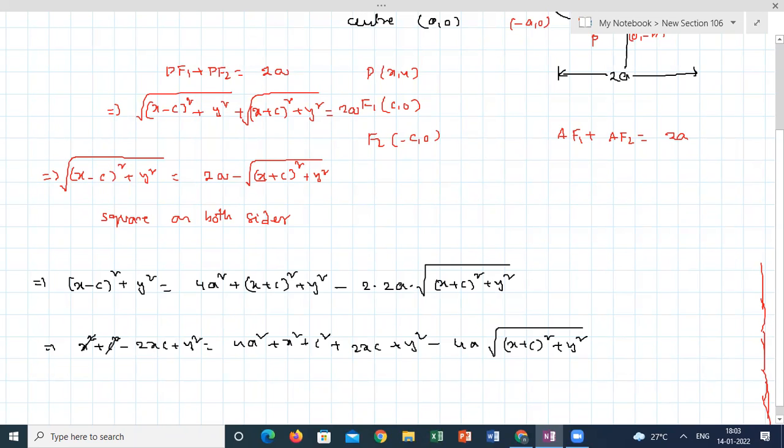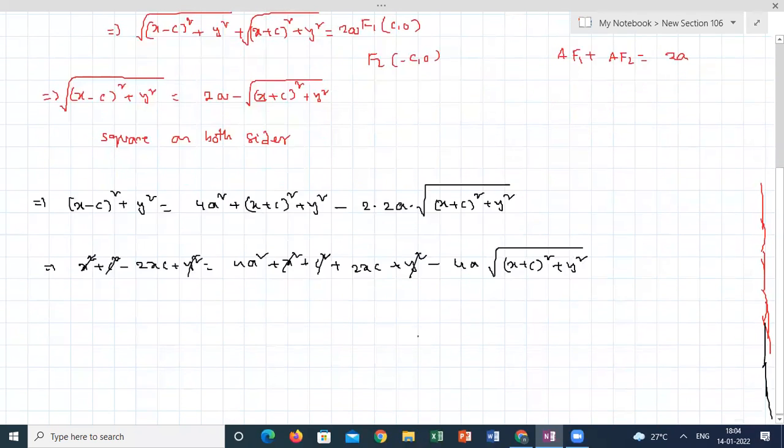So x square plus c square plus y square cancels on both sides. If I'm taking the root term on one side, I will get like this: minus 4xc minus 4a square is equal to minus 4a root of x plus c whole square plus y square. So 4 cancels. If I'm dividing by a on both sides, I will get like this.